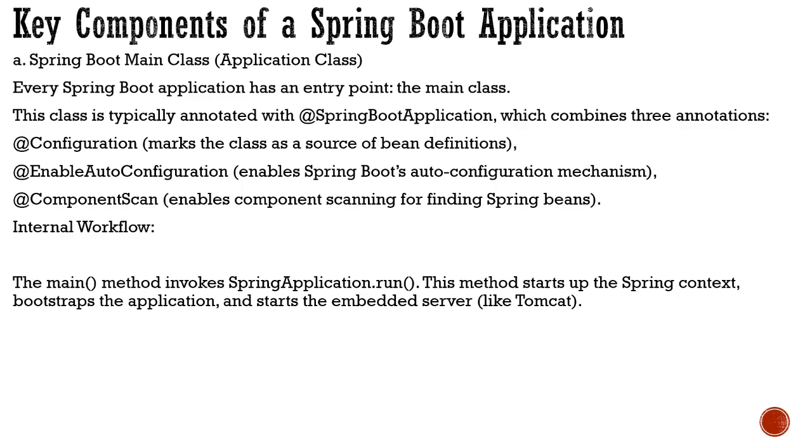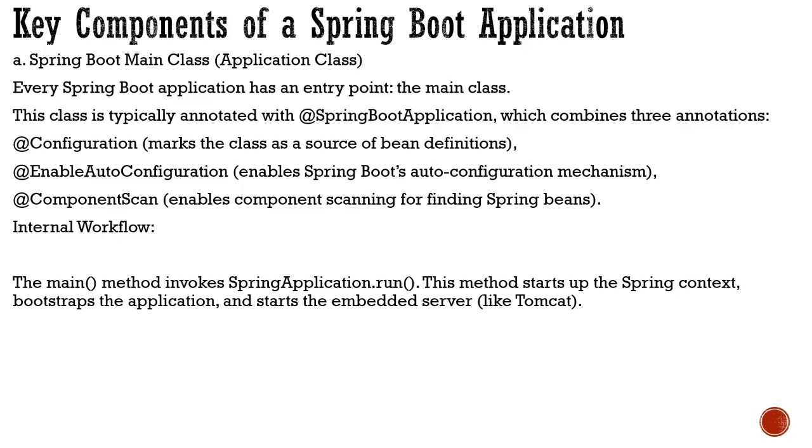When you look at @Configuration, this marks that particular class as a source of bean definitions, right? So this will have certain configuration which can be looked at and then loaded at runtime, right? All the bean definitions which it requires will be in this particular configuration. Now @EnableAutoConfiguration will enable your auto configuration mechanism.